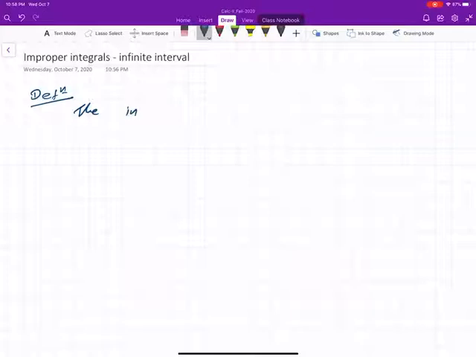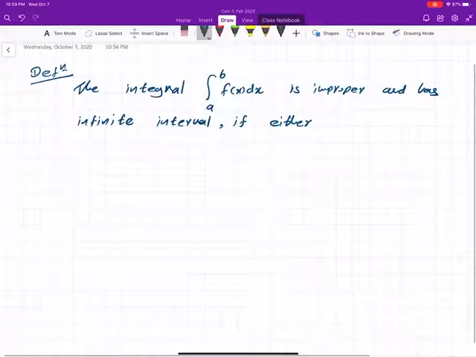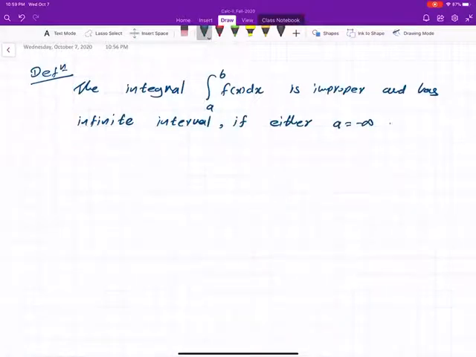The integral from a to b of f of x dx is improper and has infinite interval if either a equals negative infinity or b equals positive infinity.